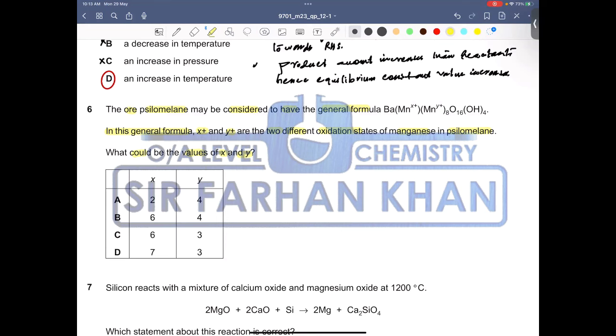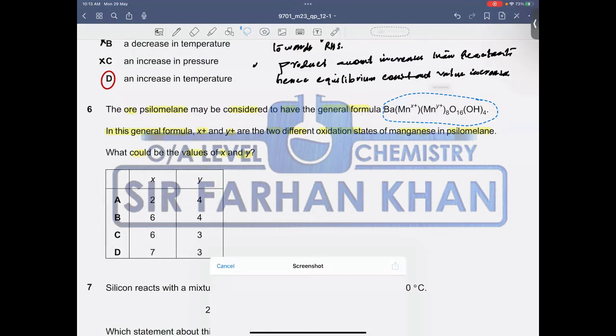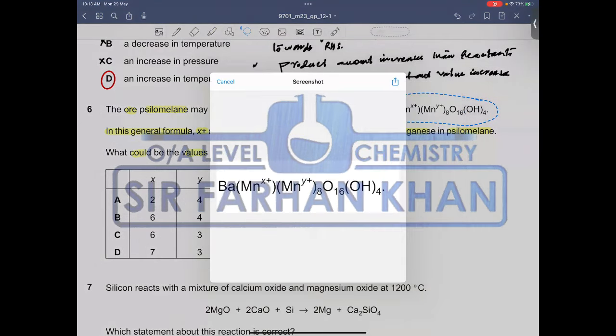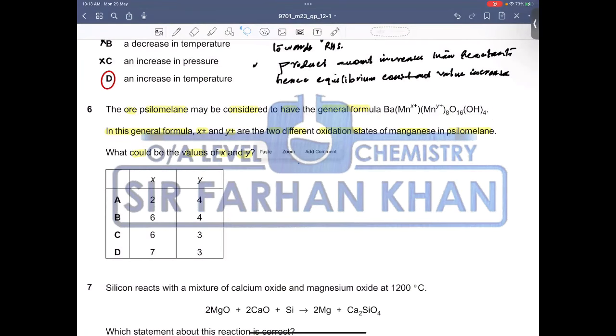Okay, so we need to work on this, so we need to write this structure again for our reference.